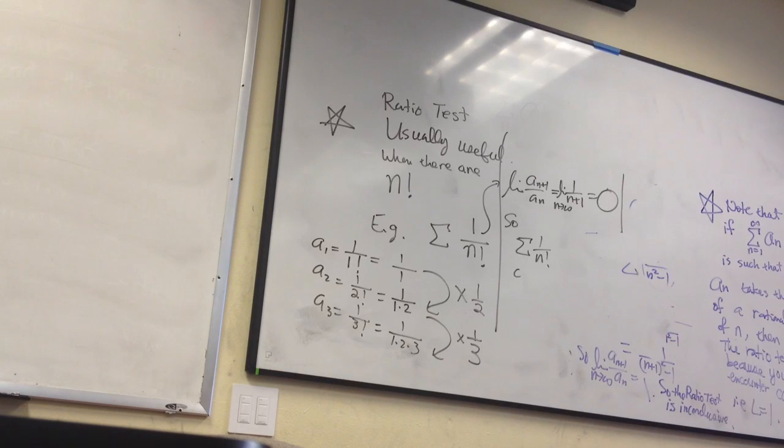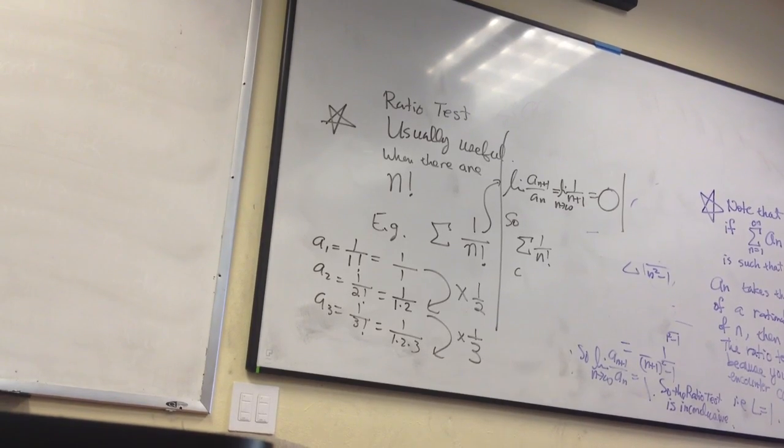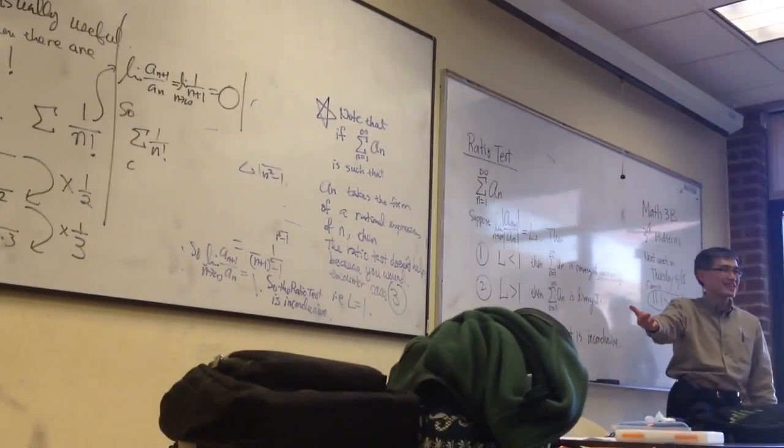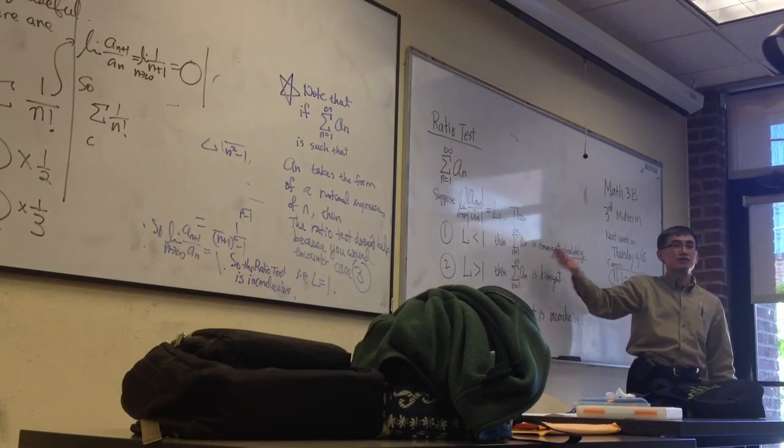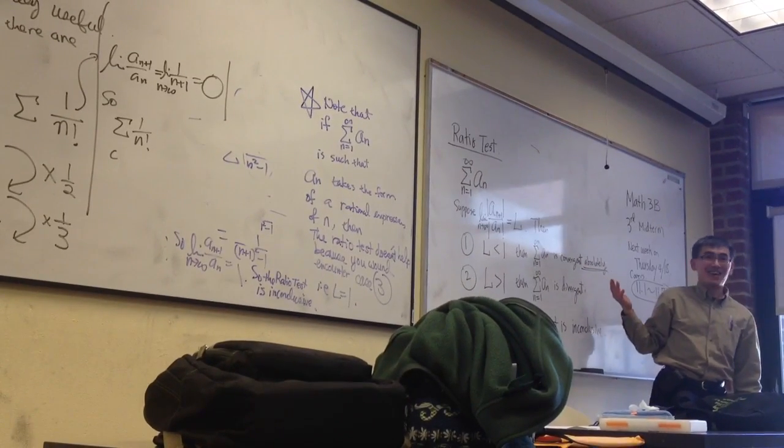If you ever use this ratio test to conclude that something is convergent, then it must be convergent what? Absolutely. Under no circumstance would you use this test on a series and conclude that it's convergent and it happens to be conditionally convergent. That is just impossible. If you use this to conclude that it's convergent, it must be convergent absolutely. All right?